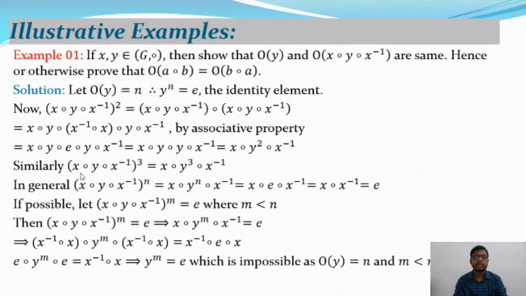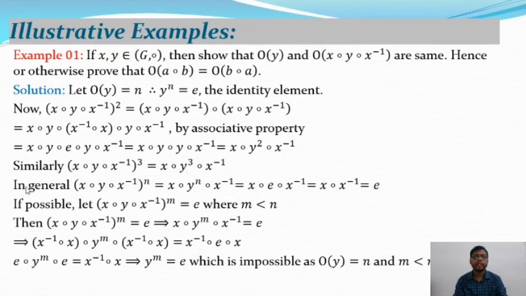Similarly, we will find x composition y composition x inverse whole to the power 3 is equal to x composition y to the power 3 composition x inverse. Applying the same properties of group theory, we will find this. Okay.